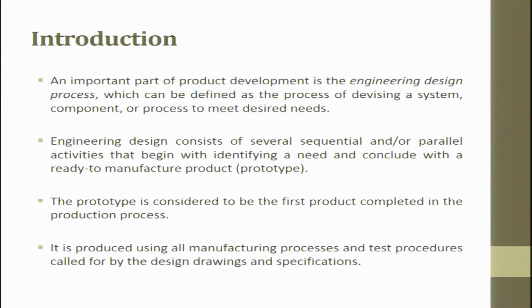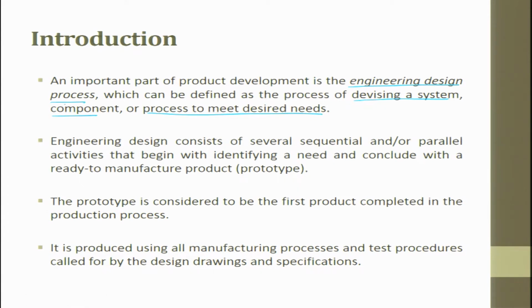An important part of product development is the engineering design process, which can be defined as a process of devising a system, component or process to meet the desired requirement. Engineering design is different, product design is different.